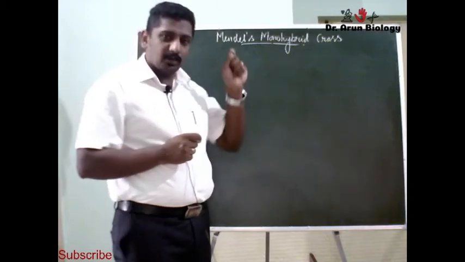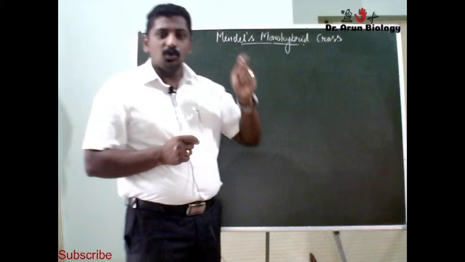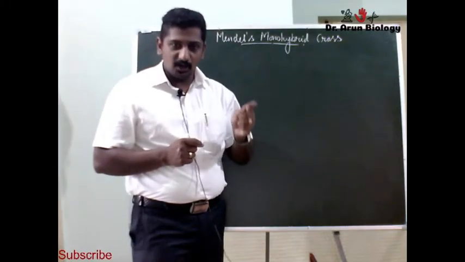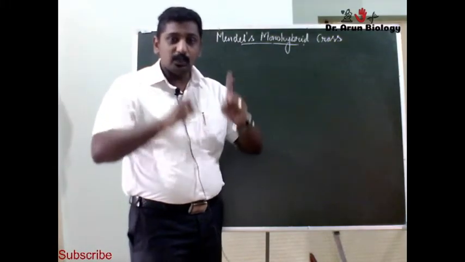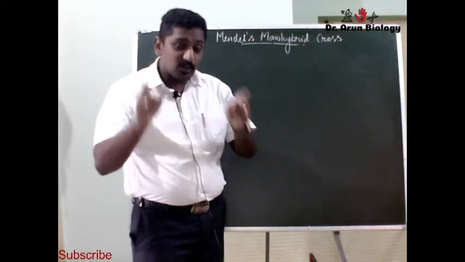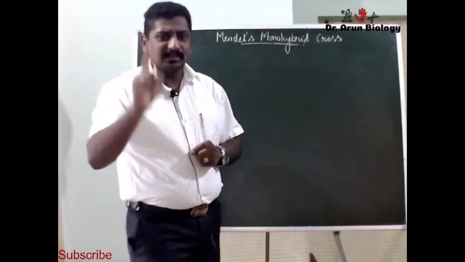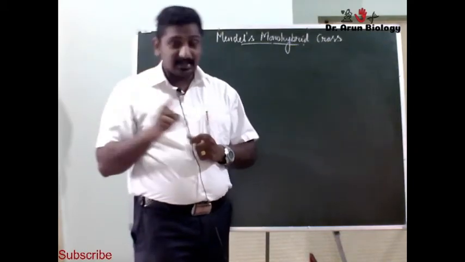So what is defined as a monohybrid cross? A monohybrid cross is a cross performed between two different plants. And the unique feature I am going to add is differing in one contrasting character. 7 contrasting characters are there.